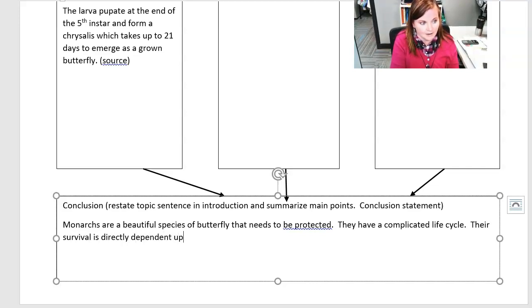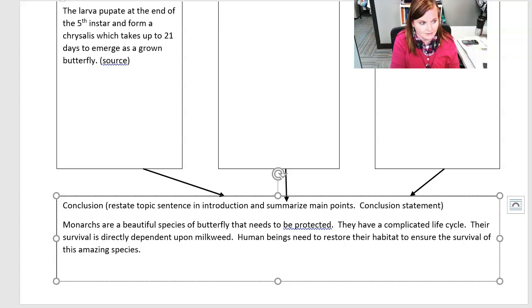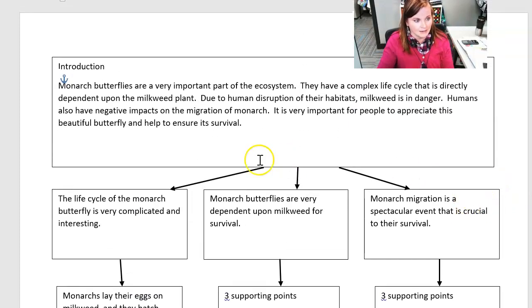Human beings need to protect or maybe restore their habitat to ensure the survival of this amazing species. Okay, it could be better, but it gives you an idea.